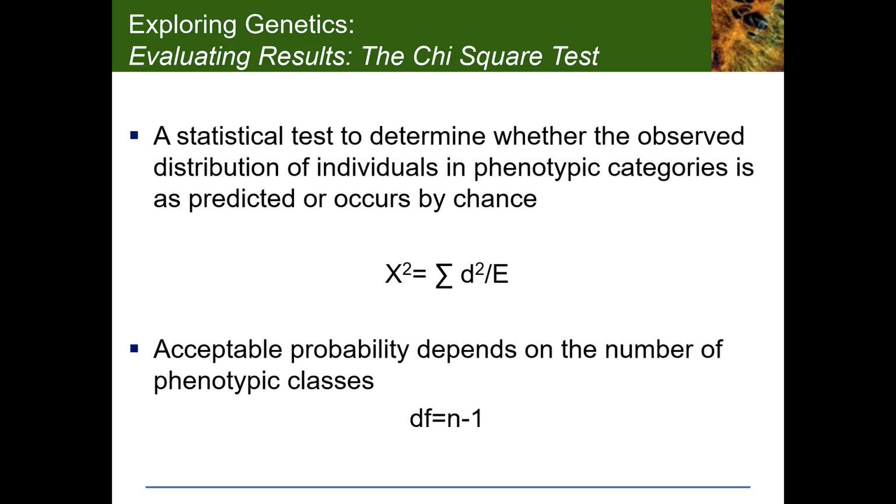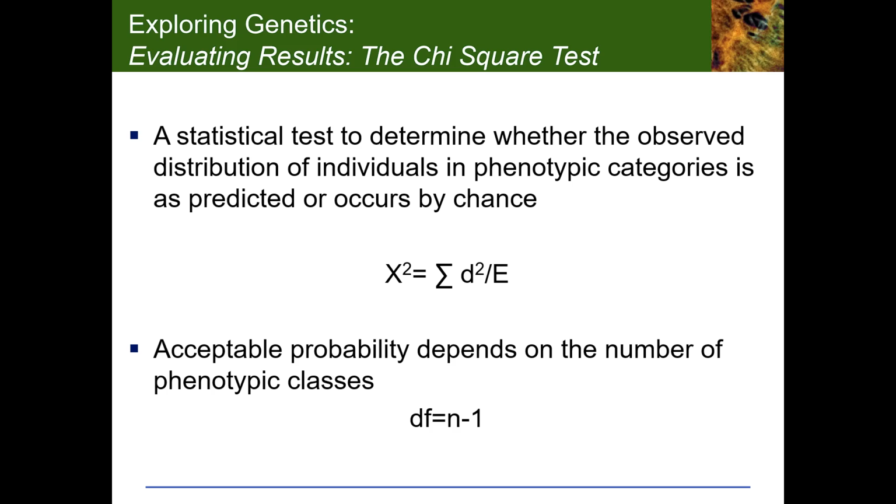So the chi-square, x squared, that's the chi-square right there. X is chi in Greek, so chi squared is equal to the sum of the difference squared divided by the expected result. Now, you don't necessarily need to know how to do this. Just know that there is a chi-square test that's available to take a look at. Is something occurring randomly, or is it actually occurring as a result of some event that's causing it to happen?